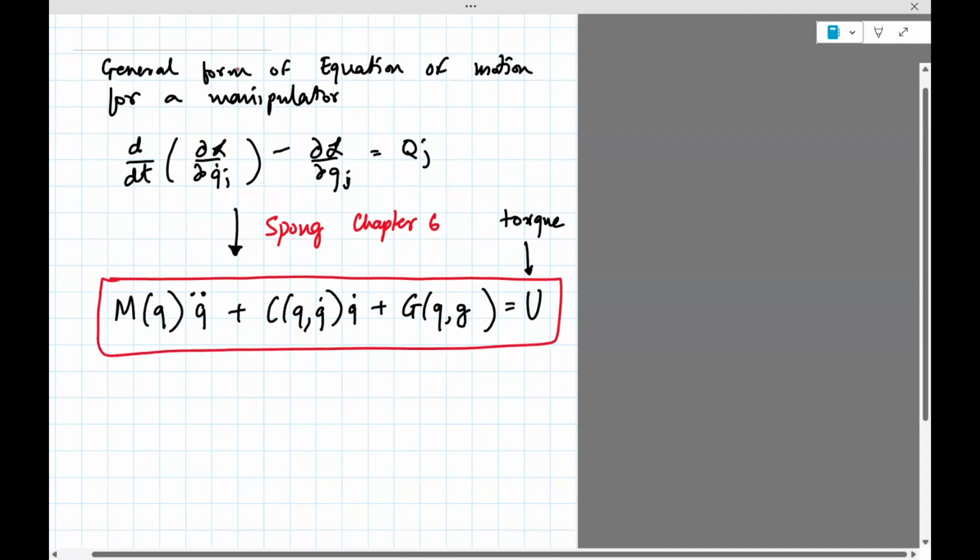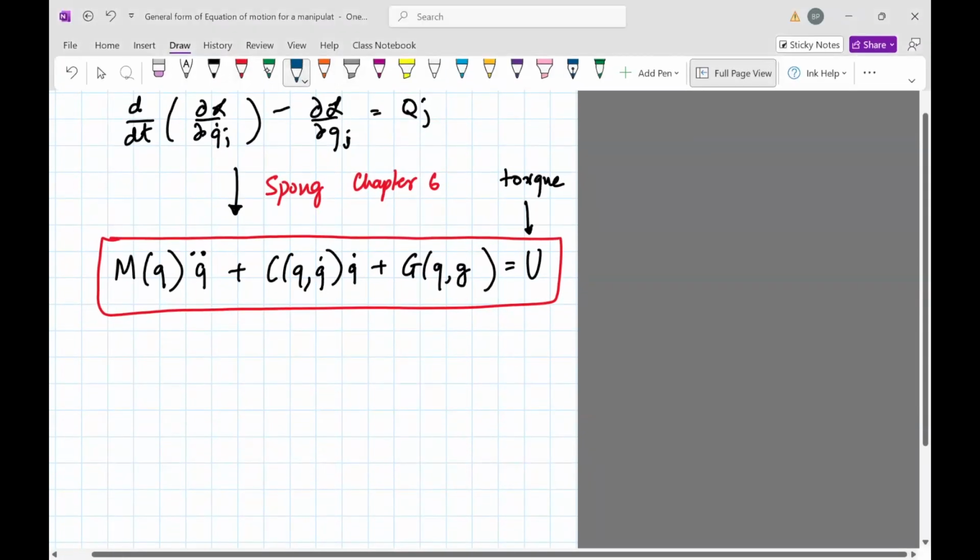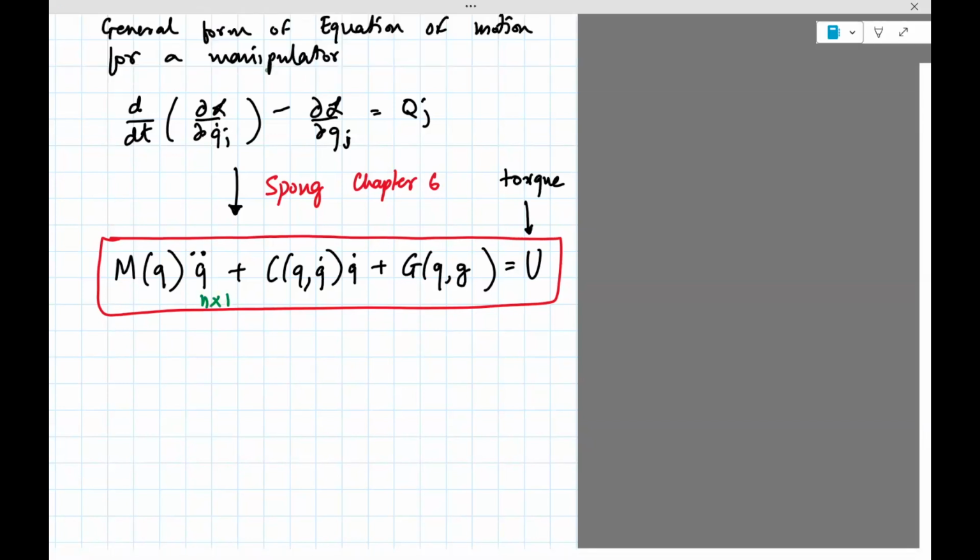A lot of control is going to be dependent on this form. Because we have this formula for the equations, you can do control, which will do interesting things. So here, let's figure out the dimensions of different things. This is going to be n cross 1. This whole thing is n cross 1.